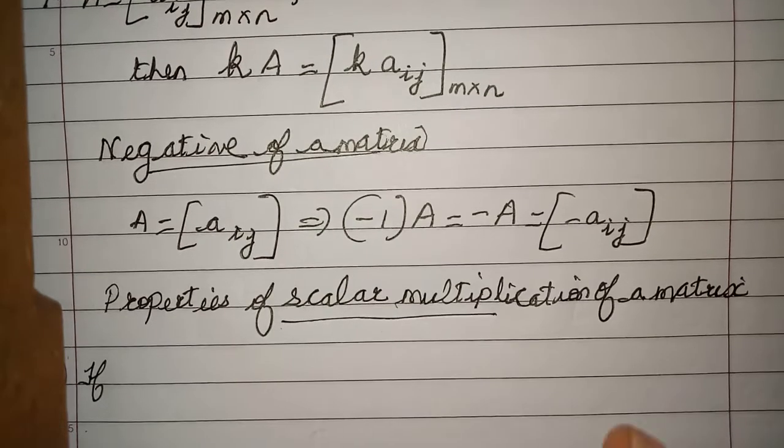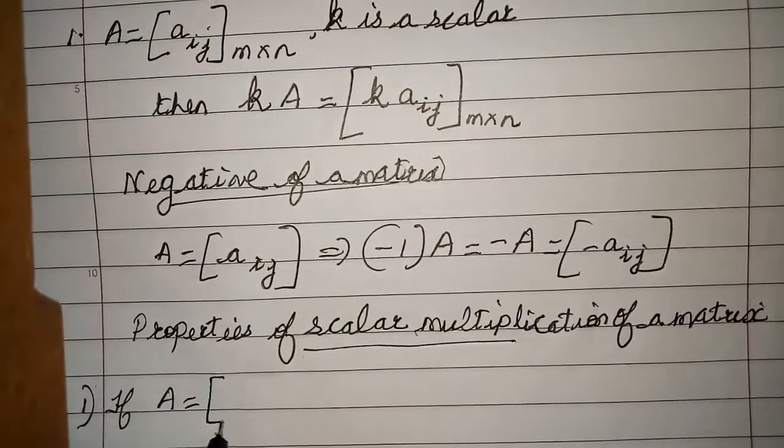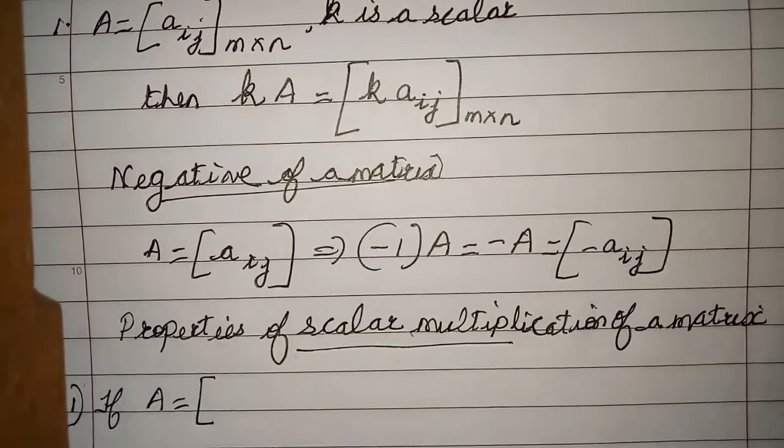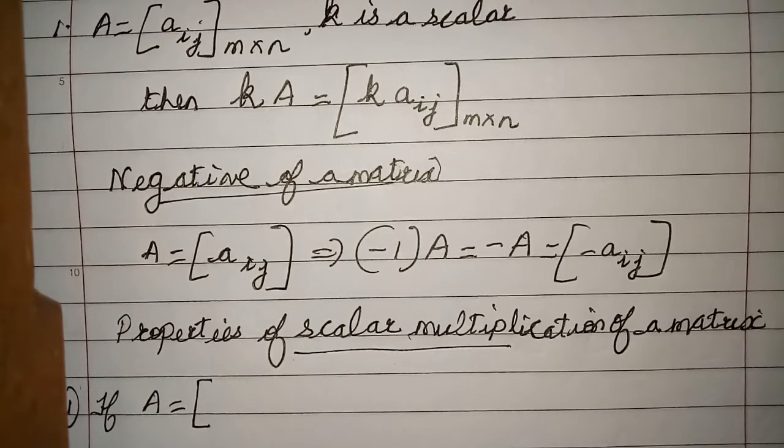So children, suppose I have two matrices of the same order. Always remember, children, any operation on any two or more matrices is possible only when they are of the same order.